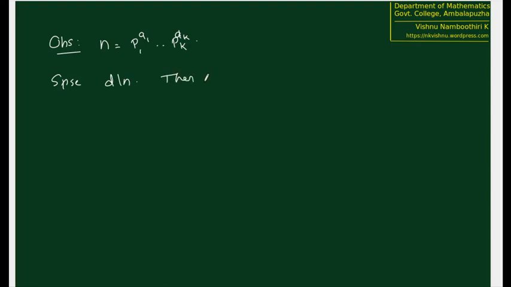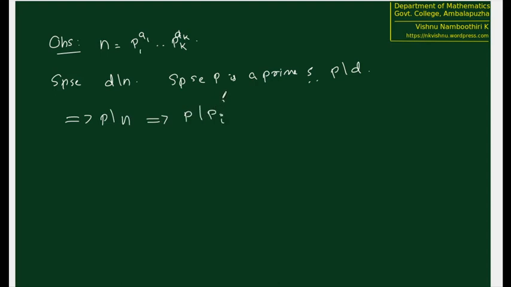Then d may have some prime factors, and suppose p is a prime such that p divides d. Therefore, by the transitivity of divisibility, p divides d and d divides n implies that p divides n, implies that p divides pi raised to ai for some pi.